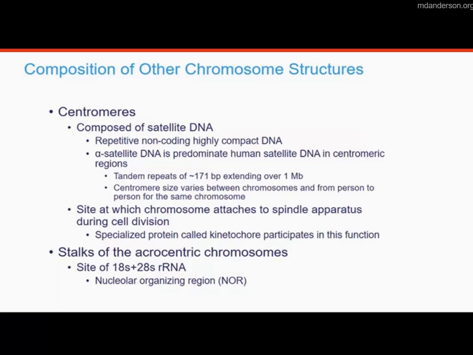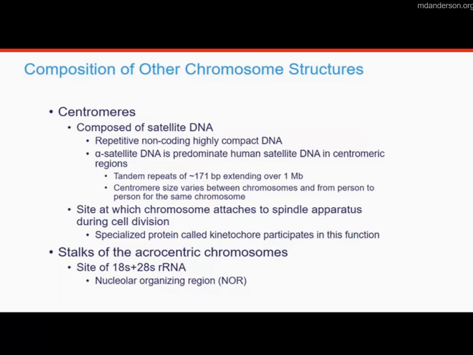Okay, so centromeres, besides dividing the chromosome between P and Q arms, certainly have a function during cell division. So it's repetitive, non-coding, highly compact DNA. The predominant repetitive DNA in a human cell is alpha satellite DNA.